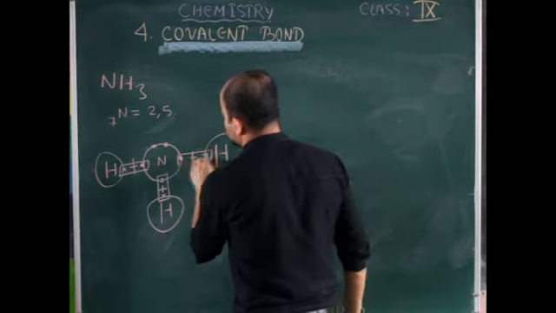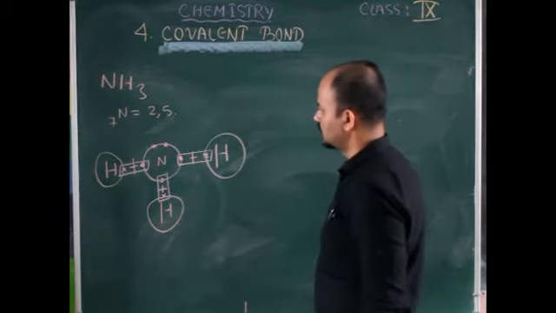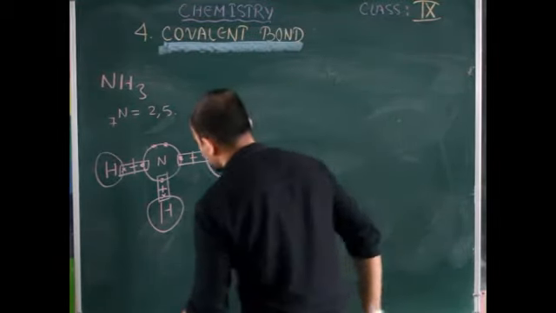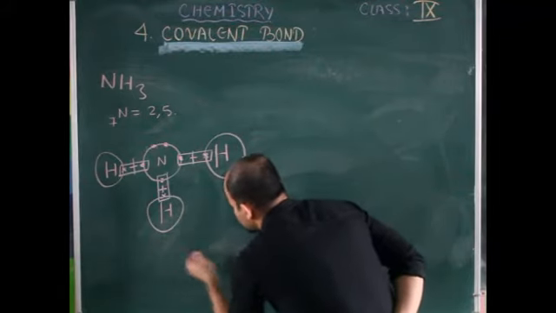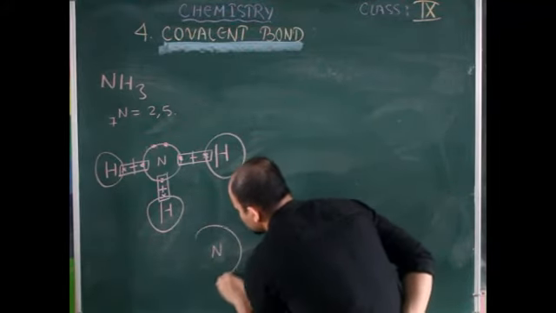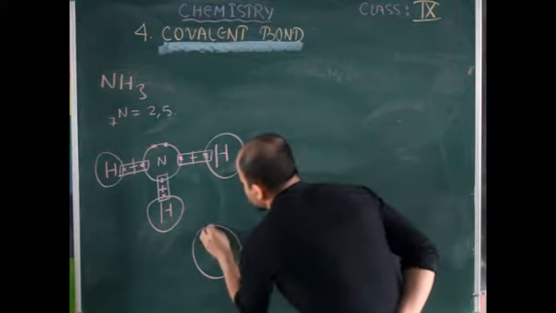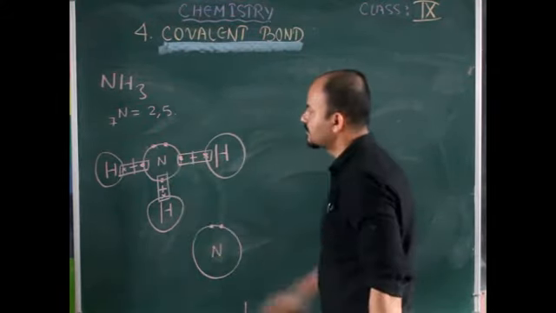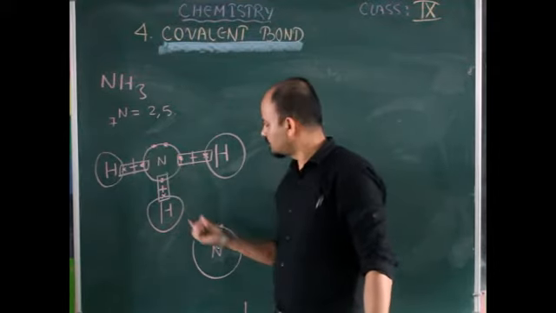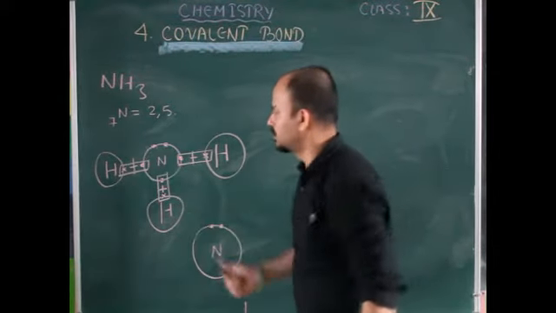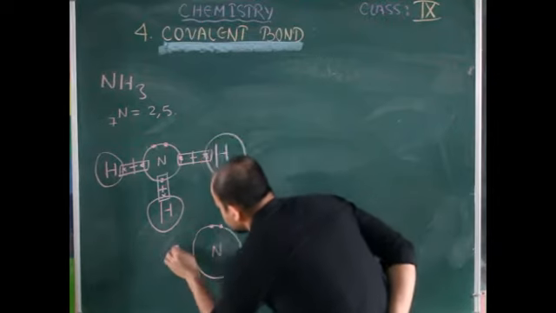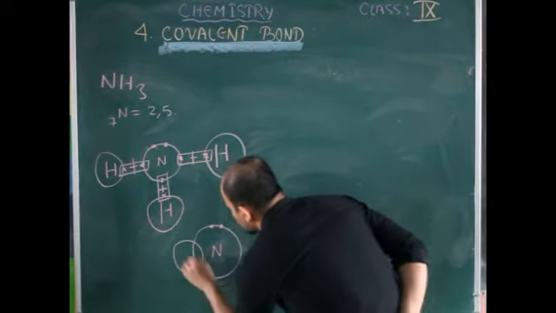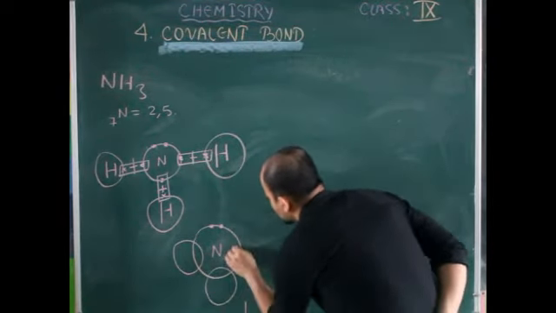As a result, you obtain nitrogen. I am drawing nitrogen here with its orbit. 2 electrons are staying as a lone pair. These 2 electrons haven't taken part in bond formation. Therefore, it is known as a lone pair. Now, 3 hydrogens, 1, 2, and 3.